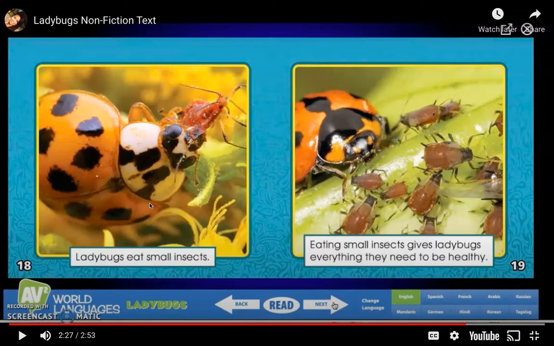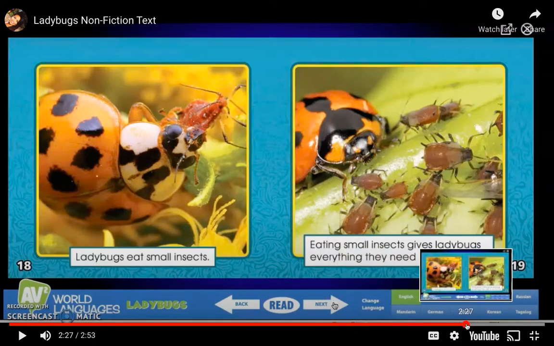And even though a ladybug is an insect, it talks about how they also eat small insects. So it's an insect eating an insect. And then here it talks about how when they eat little insects, it gives them what they need to stay healthy, kind of like the things that humans need to stay healthy.